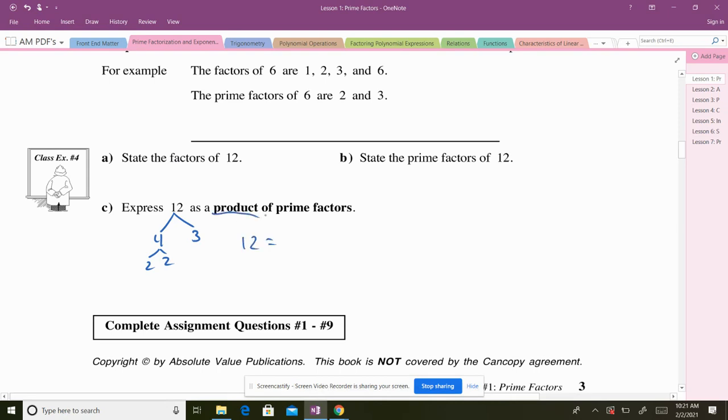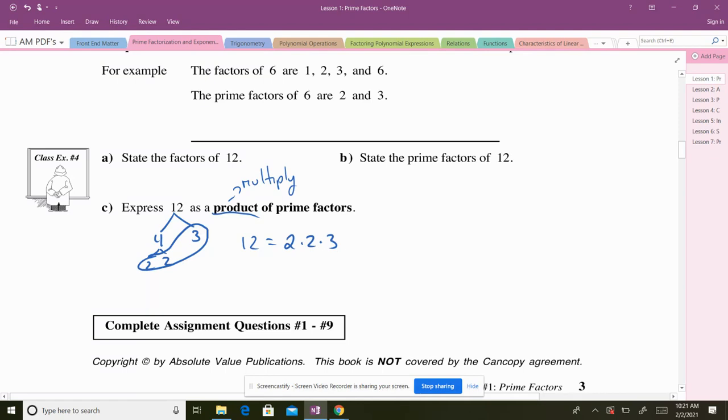So then you say 12. Does anybody know what product means in math? It means multiply. So it's what you multiply by. 12 is the same as what? Prime factors, bottom of the tree. 2 times 2 times 3.